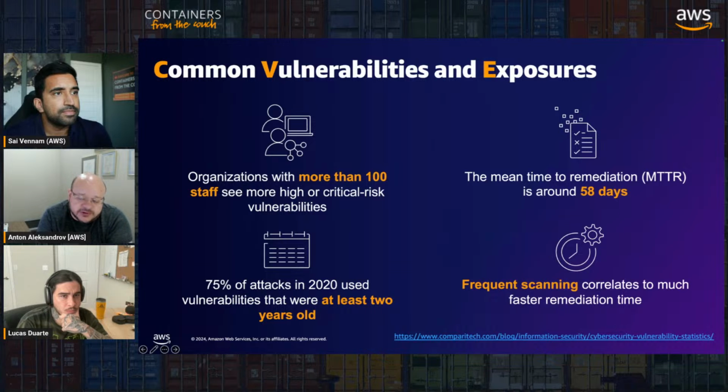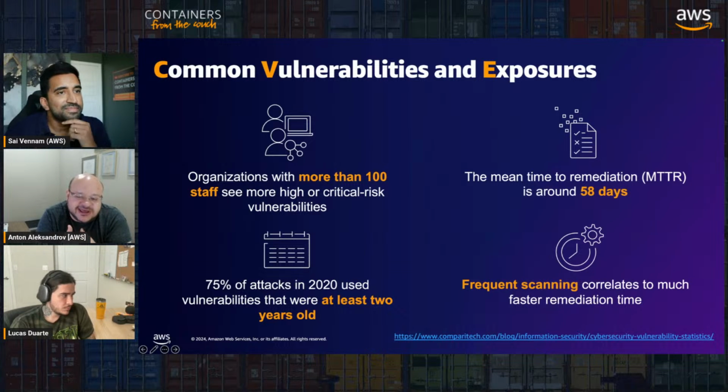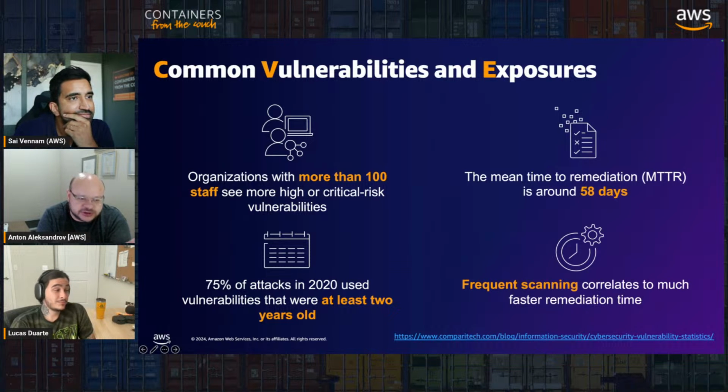So if you look at a few data points we have on this slide, you can see that the mean time of remediating a CVE is still almost 2 months. So from the day that CVE is discovered, it takes 2 months. In the security world, that's an eternity. And you can see at the bottom left, this is one of my favorites, 75% of attacks in 2020 used vulnerabilities that were at least 2 years old.